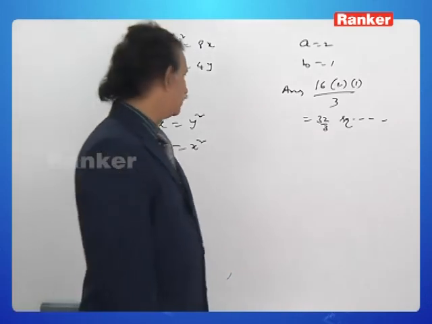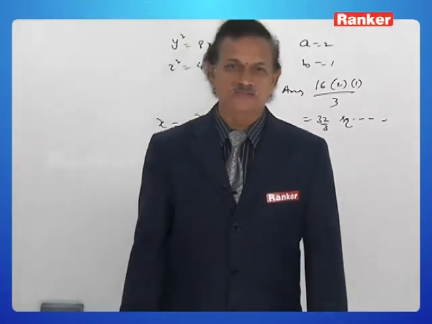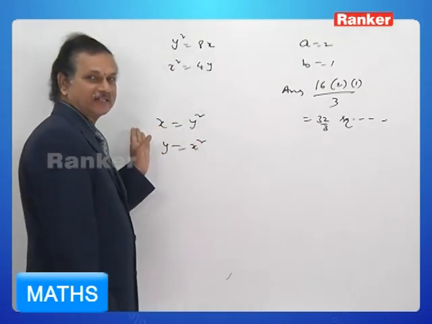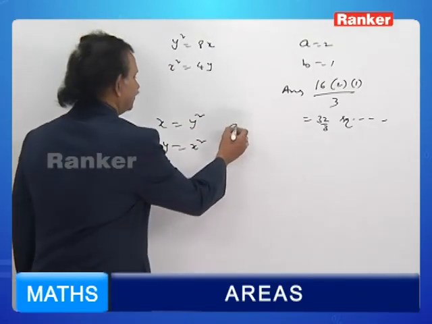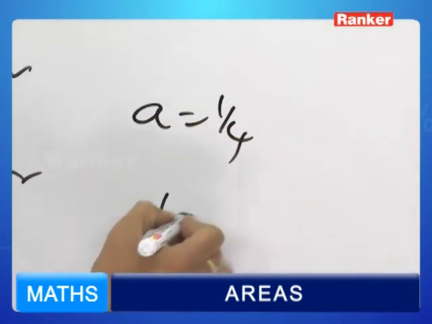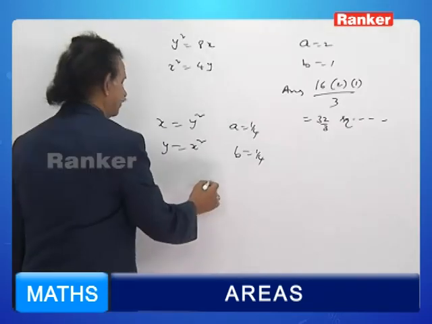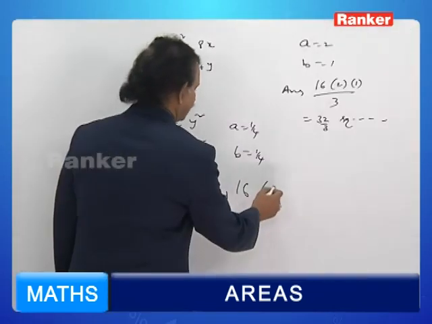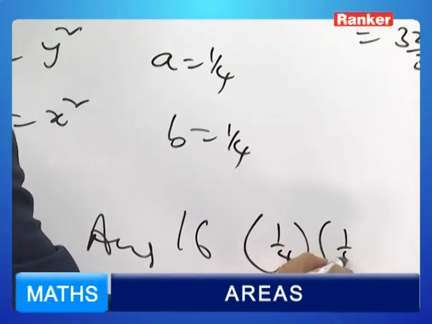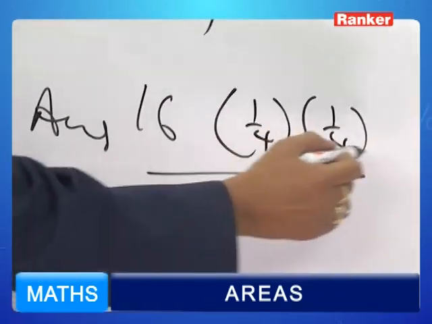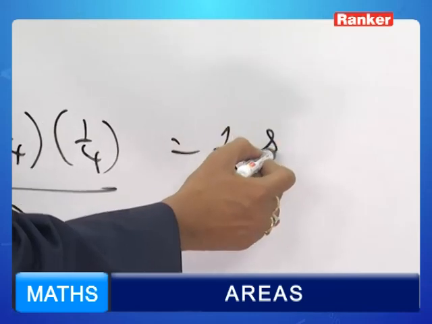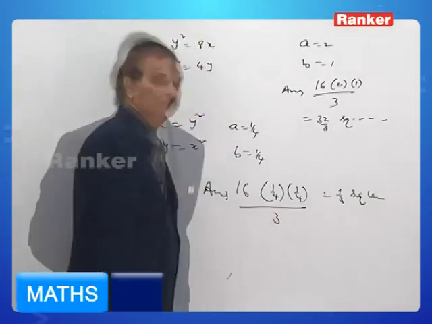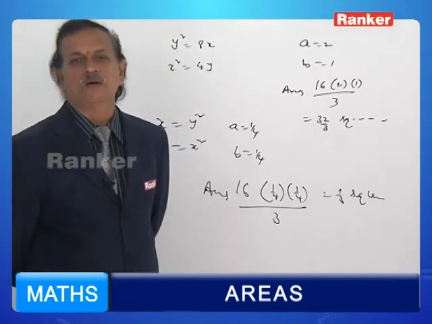Y square is equal to 4ax, 4a is 1, so a is equal to 1 by 4, and b is also 1 by 4. Therefore, the answer is 16ab by 3, which is 16 into 1 by 4 into 1 by 4, whole divided by 3. That gives you just 1 by 3.